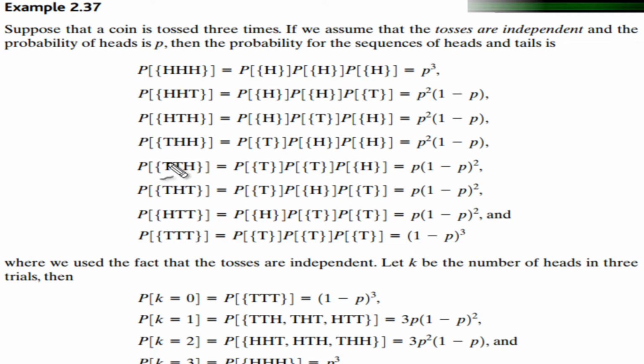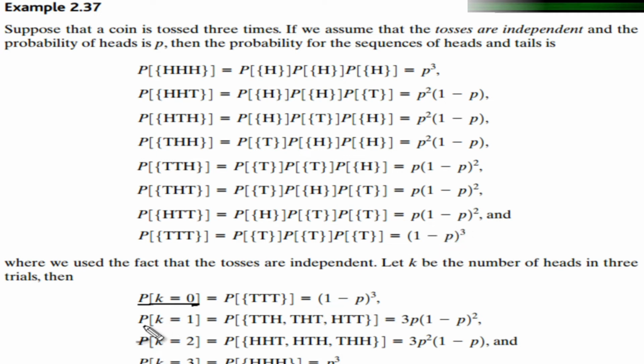So here you can see the probability that we haven't got any success. What is K? K is basically the measure of successes in the Bernoulli trials. So if you don't have any success, that probability is basically 1 minus P whole cube.